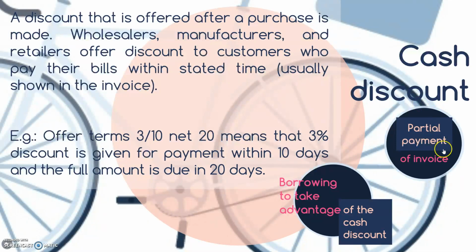And this one is partial payment of invoice. Partial payment of invoice happens to those who think that they have the money at first. So when he sees this kind of offer, he thinks, okay, I will be able to pay in 10 days, so I'll get the 3% discount. But while making a payment, that person realized that he doesn't have enough money to pay for all.